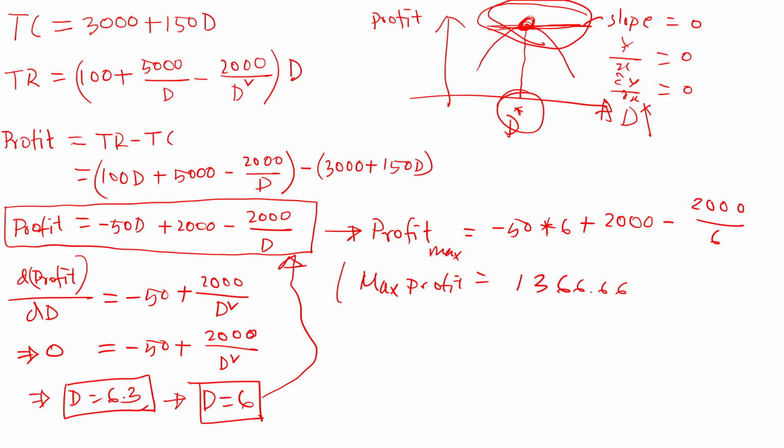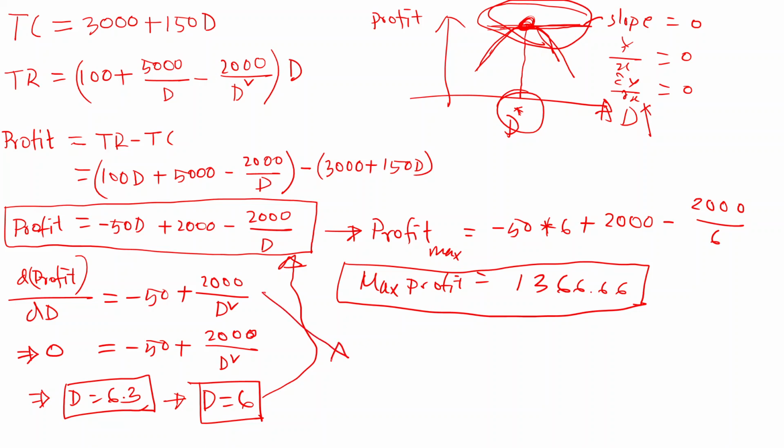I think the last question was asking, how do you know this is a positive value or positive slope? So basically, you take the second derivative. If that's negative, that indicates the curve looks like this, not like this.